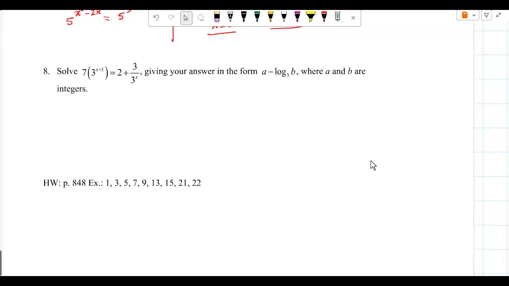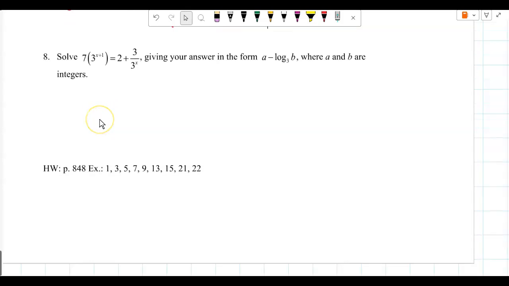This I heard is very difficult. You heard, but experience it. What will you do? What do you find repeating? 3 raised to x is repeating, yeah. So you have to try to get rid of that.